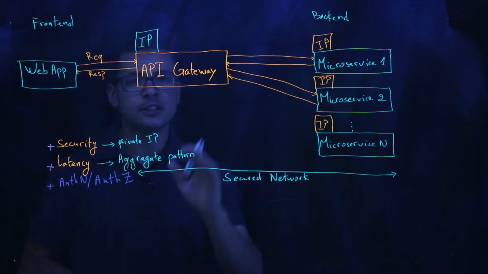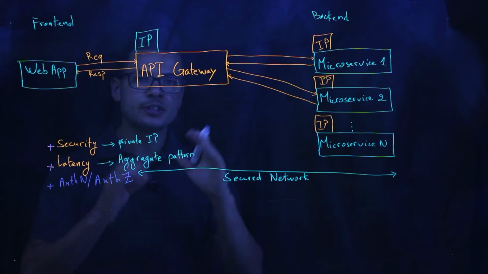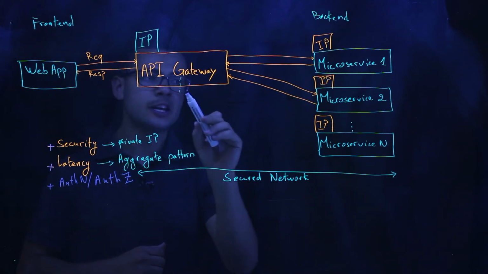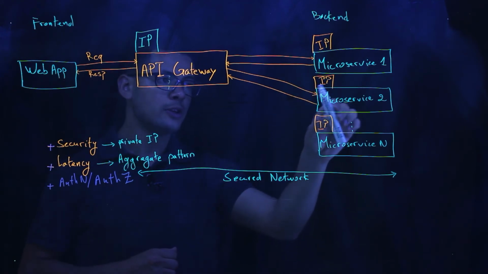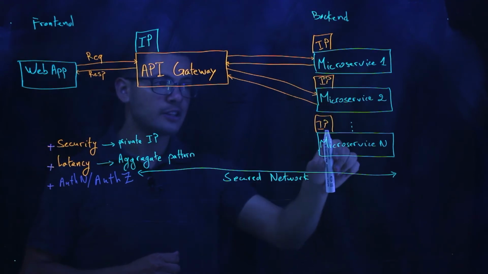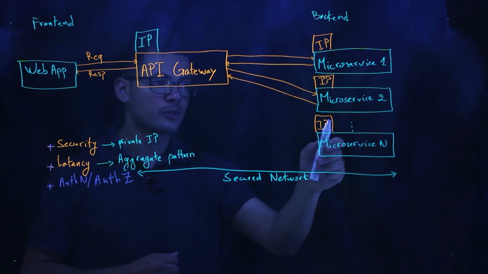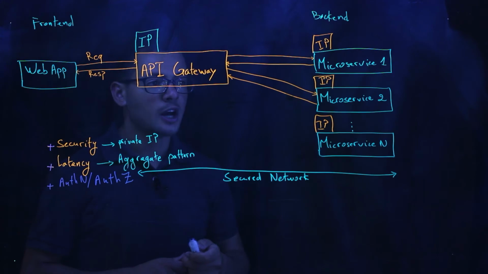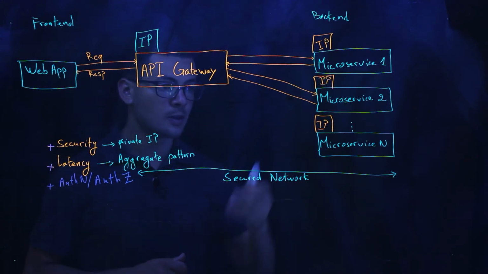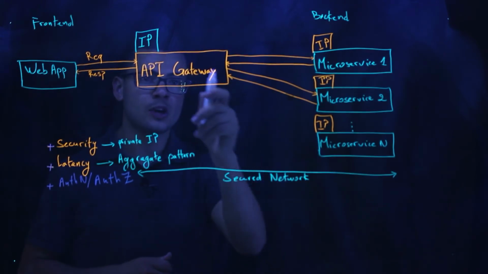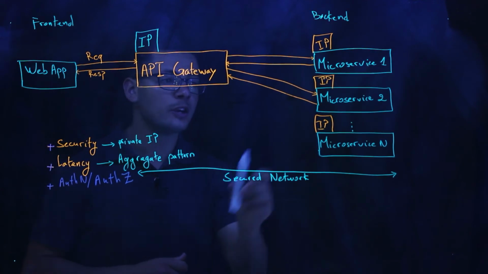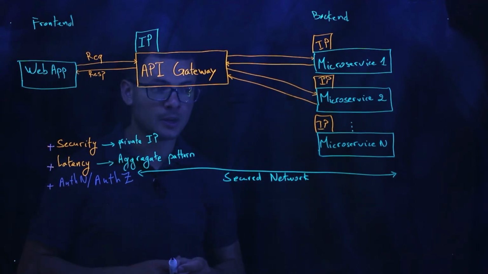A second advantage is the service discovery, because here the API gateway could know the different microservices, because each new microservice will expose its own Swagger API definition to the API gateway, so that the API gateway could know those different microservices.